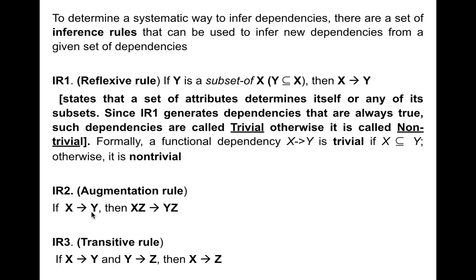The second rule is if X gives Y, then adding an attribute to both the sides, XZ gives YZ. That is the augmentation rule. The third rule, which is the most common one, is if X gives Y and Y gives Z, we can say X gives Z. That is the transitive rule.